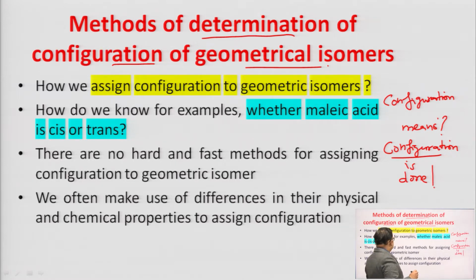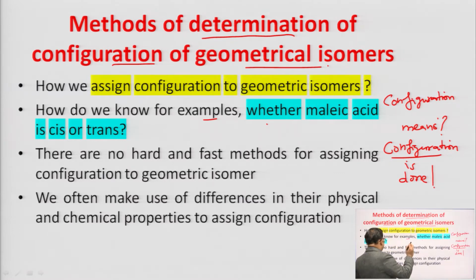What does it mean again? How do we know? For example, if I have a set of compounds, say for example maleic acid, and I am interested to know whether it is cis or trans, how can it be done? There must be some methods to determine which configuration the given set of compounds follows.